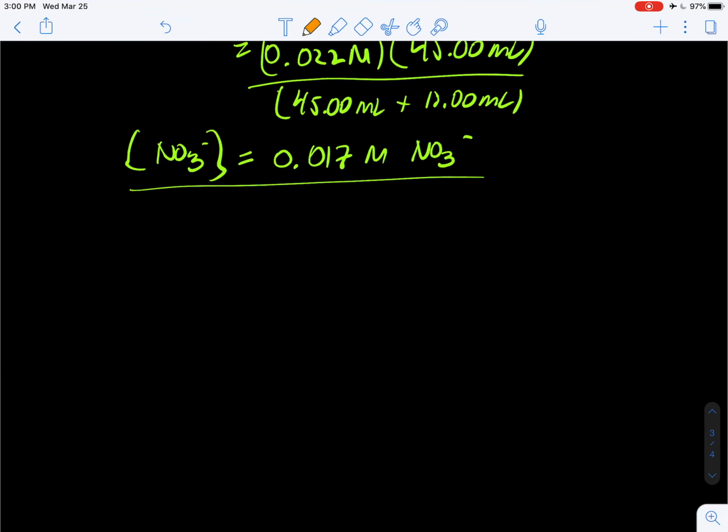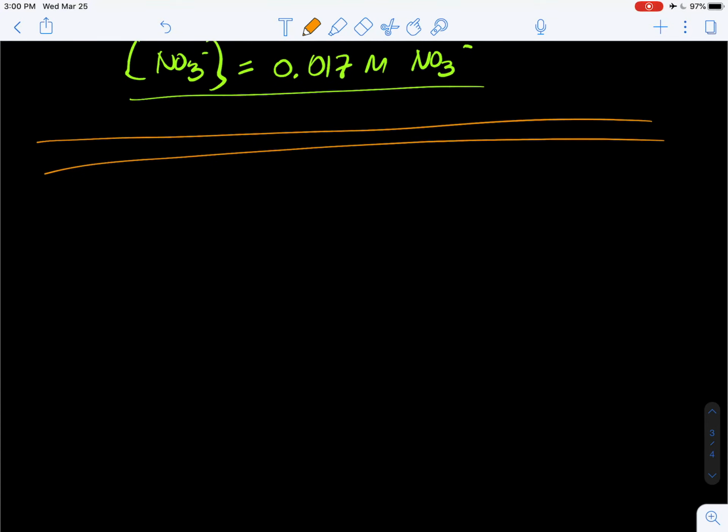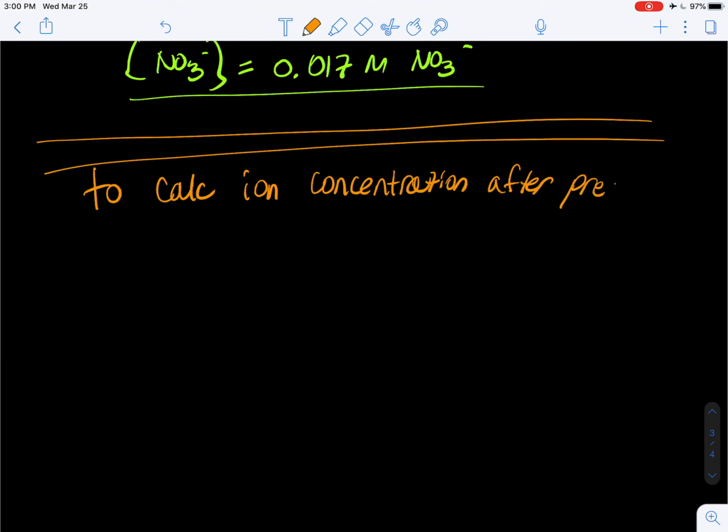Now, what we want to do for a concentration of ions after a precipitation, step 1 here is to assume the reaction goes all the way to the right.